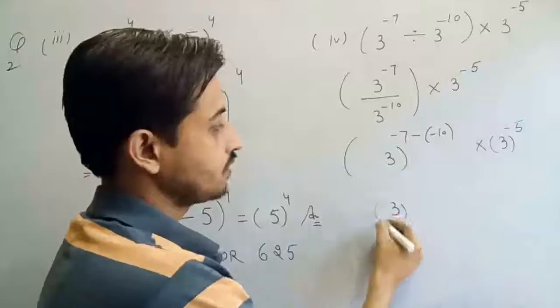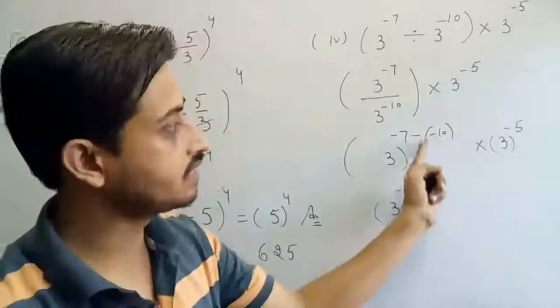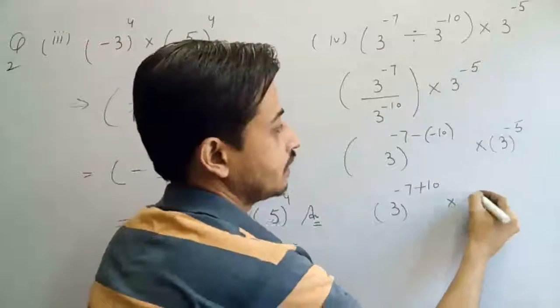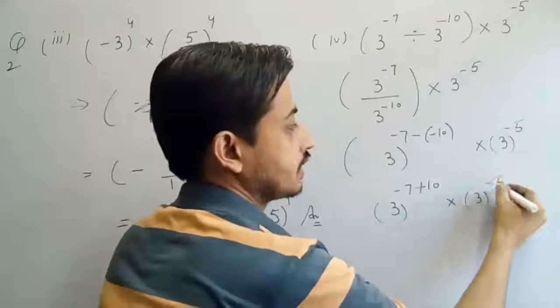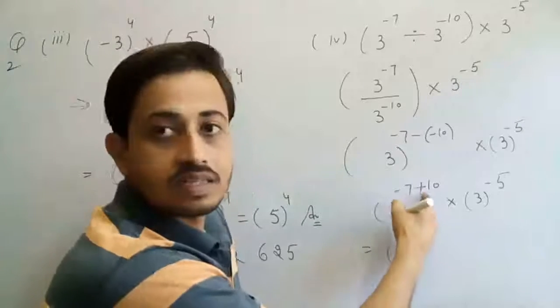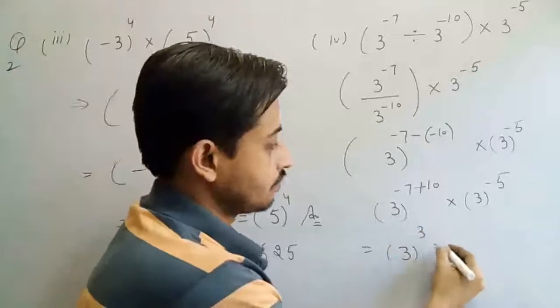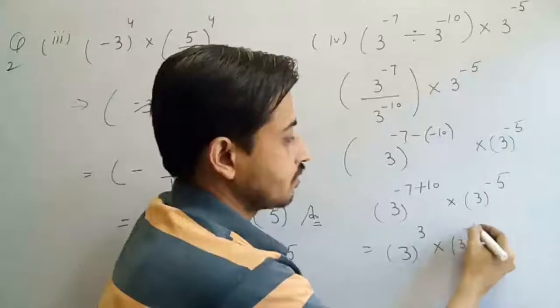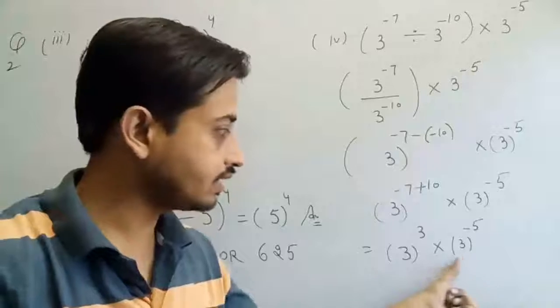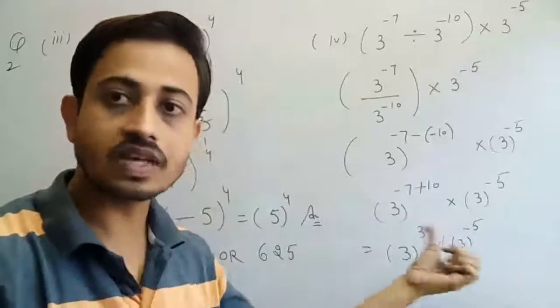So now do very carefully, minus 7 minus plus 10 multiply 3 raised to the power negative 5. Now 3 minus 7 plus 10 we get 3 multiply 3 raised to the power negative 5. Please again look, the exponent is same and the terms are in multiply.